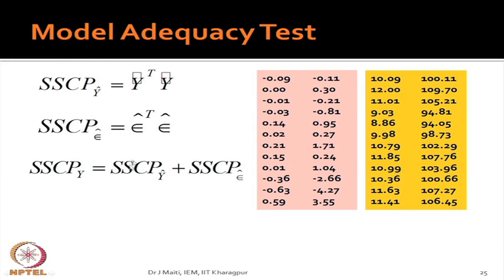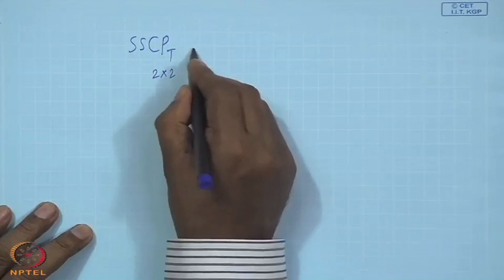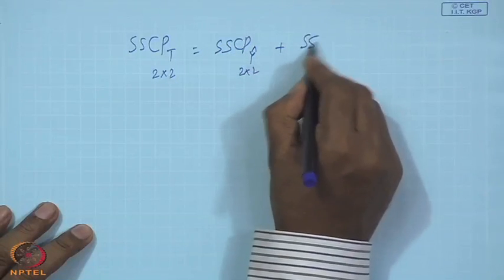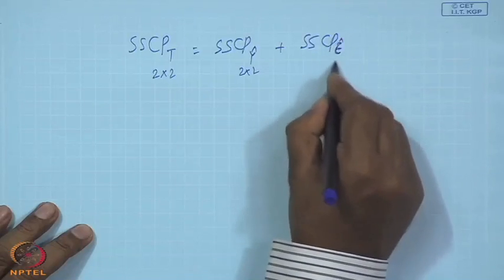Now, SSCP y will be SSCP y cap plus SSCP epsilon cap. So, repeat this: fitted values will be used to find out SSCP y cap. This will be used to find out SSCP epsilon cap, and the y values are already there, but you can check also using this formulation. Okay. So, in this example SSCP total, that will be 2 cross 2, equal to SSCP y cap, that will be 2 cross 2, plus SSCP epsilon cap, that will be 2 cross 2.